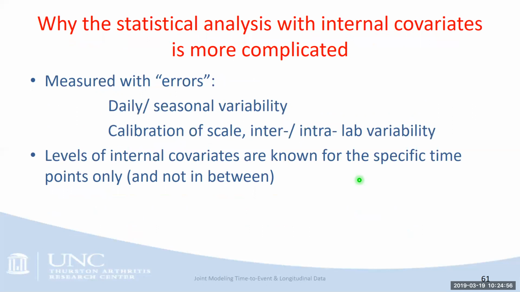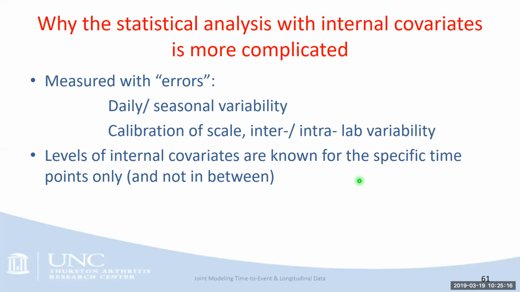The statistical analysis with internal covariates is more complicated. First of all, they are typically measured with error, and by error, here we mean the biological variation induced by the subject under study, and not the error induced by the measurement procedure.